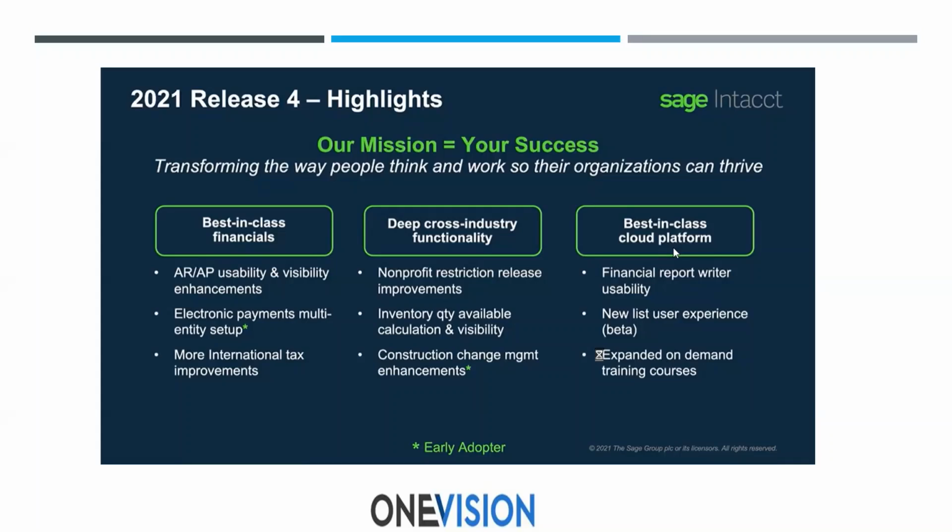Deep cross-industry functionality includes nonprofit restriction release improvements, inventory quantity available calculation and visibility, and construction change management enhancements for early adopters. For best-in-class cloud platform, it is financial report writer usability, new list user experience for beta customers, and expanded on-demand training courses.